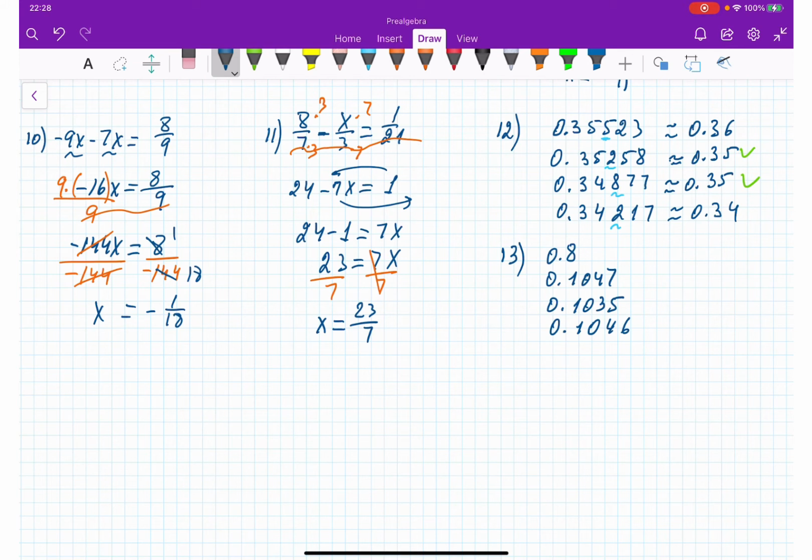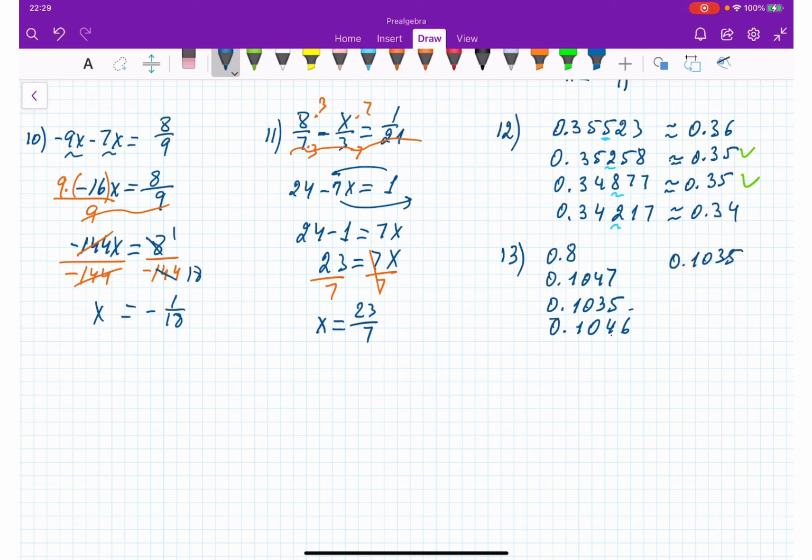Okay, the smallest is going to be 0.1035, because look, all these three numbers start with 0.10. If they are the same, then I check the third digit: 4, 3, 4. So 3 is smaller, so first comes 0.1035.